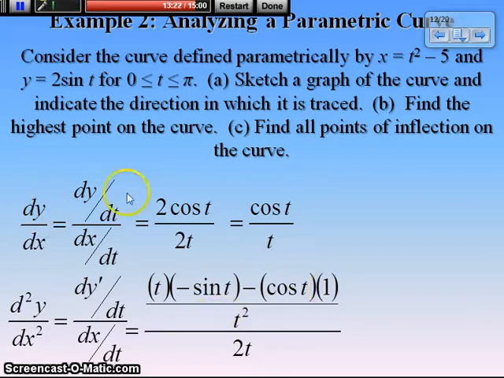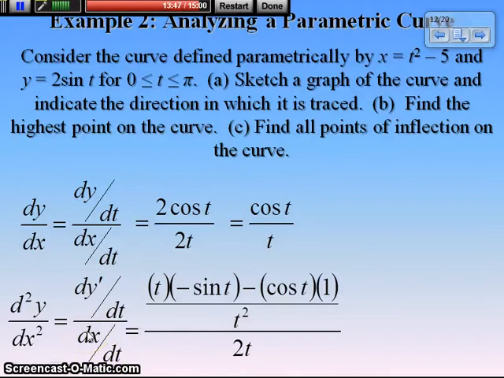Now, ladies and gentlemen, if I may pause for just a second and explain one other thing, this is the second derivative of this part. But when you're doing the second derivative here, it's a little different than just taking the derivative of this. The second derivative, by definition, is the derivative of the first, which we just did, over dx/dt.